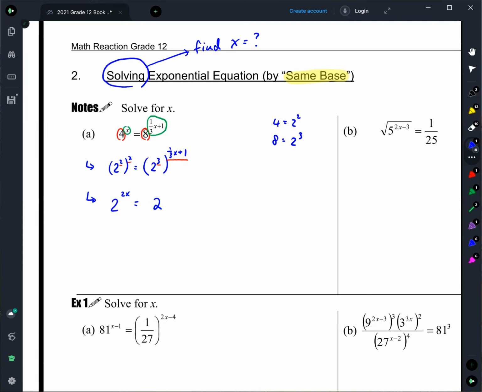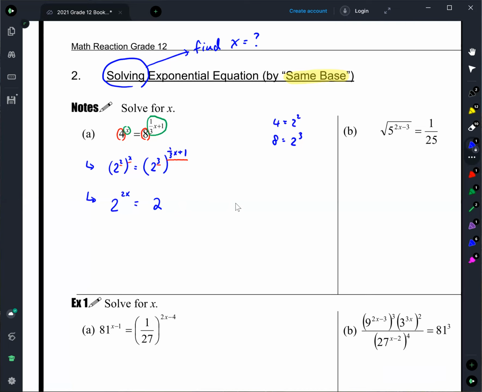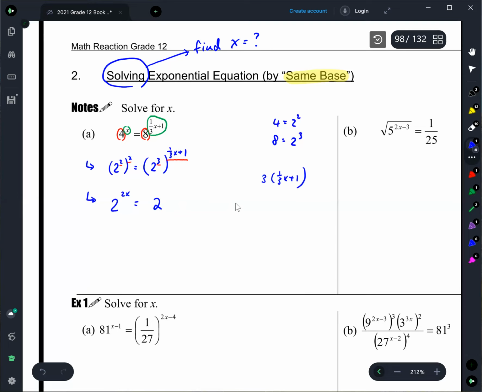Are you there, Jocelyn? Okay, how did you get the 3? You need to multiply the 3 with 1/3 x plus 1. Do you know how to multiply them? Okay, how do we do that?